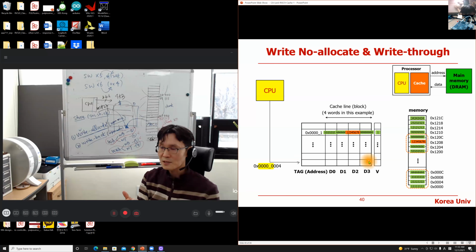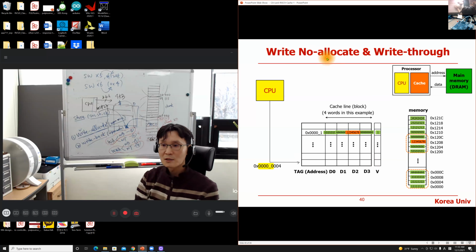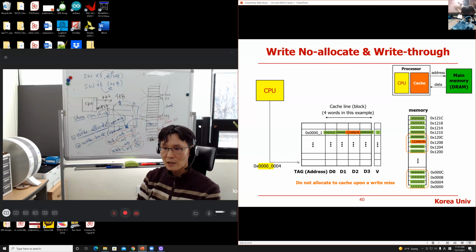We have cache miss. What should happen? Right? No allocation policy. Do not allocate. Do not bring in memory block. Okay. And then write through. So I'm not allocating. Cache does not contain the memory block. So update only cache. Oh, sorry, update only main memory. Okay, like this.